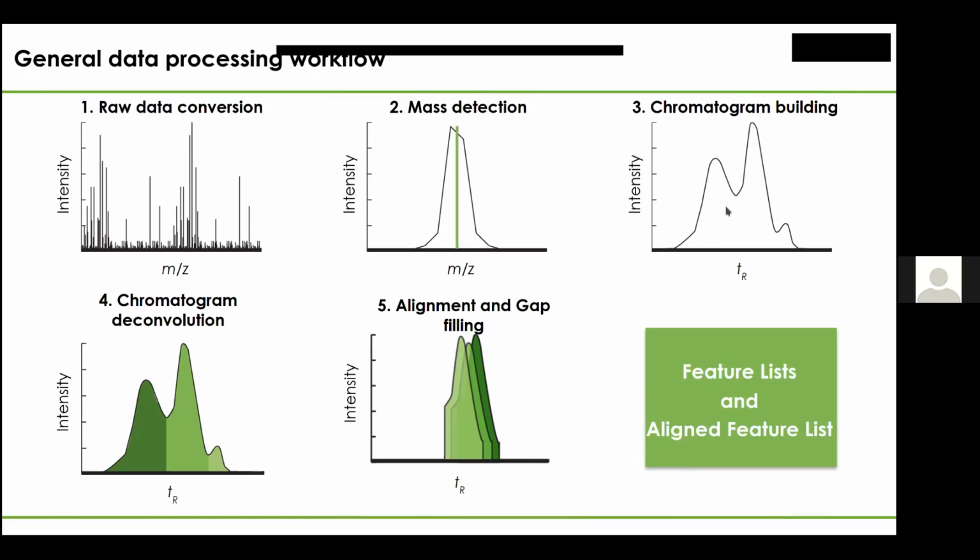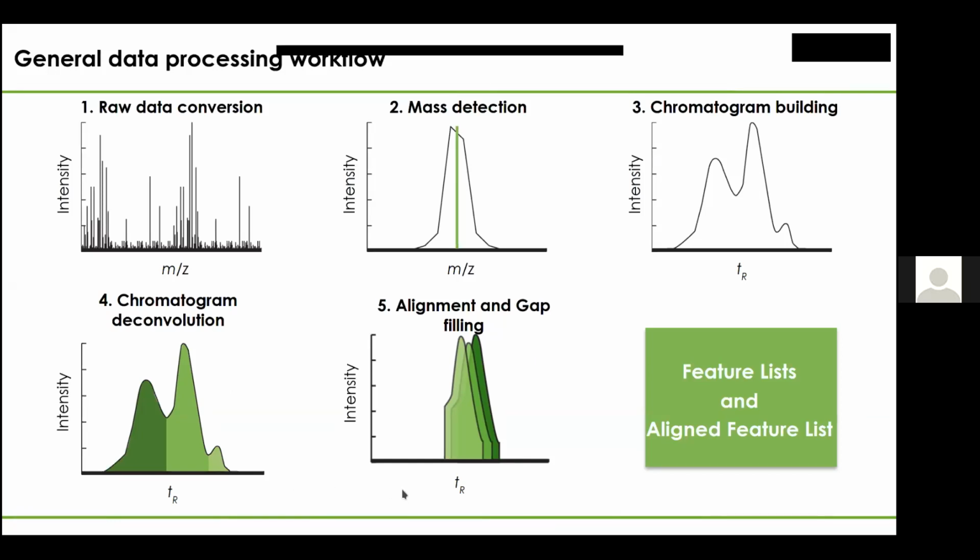In this example, you see that an extracted ion chromatogram can have multiple eluting substances at different retention times, so they are most likely different compounds. Therefore, we have to deconvolute those chromatograms. In this case, it means we have to cut them into individual features, so that each feature really represents one molecule.